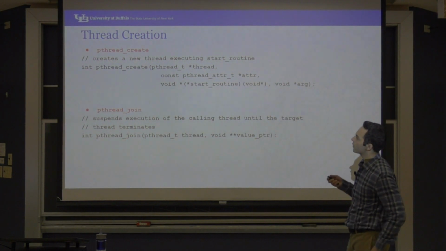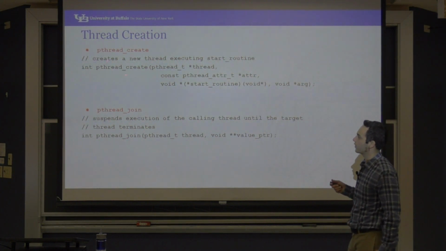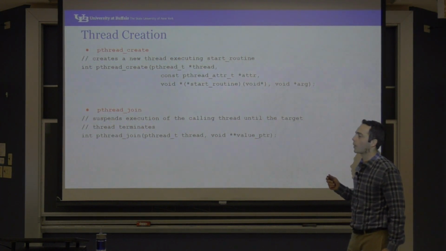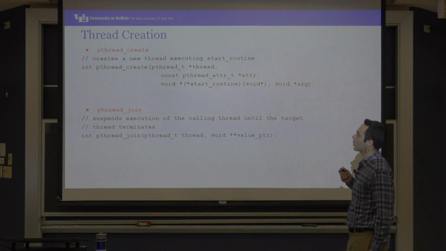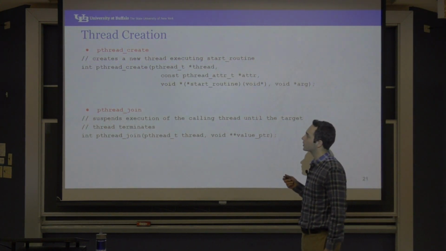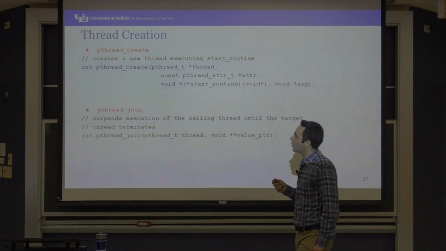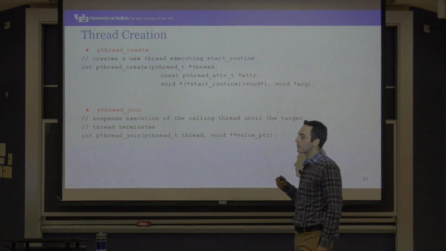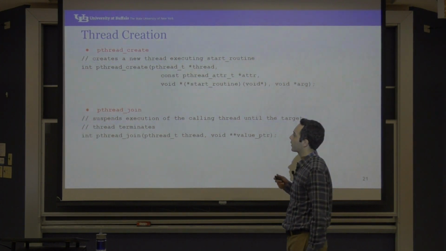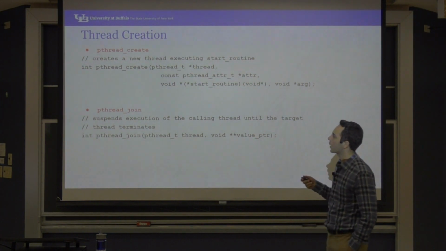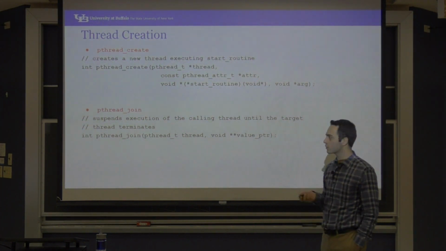So here are two important functions that you need to know about the thread. First is how a thread gets created. So pthread is basically a library that we're going to use, and I think it's also used in your Pintos.